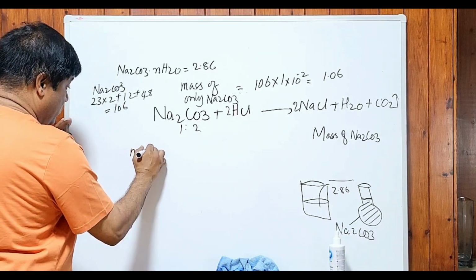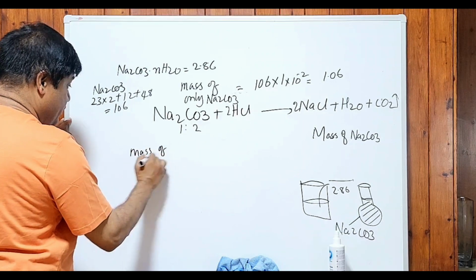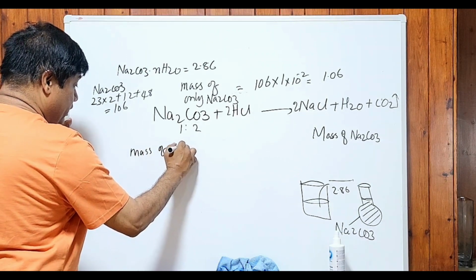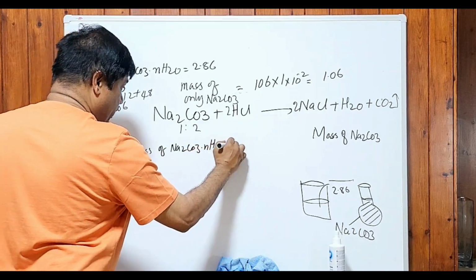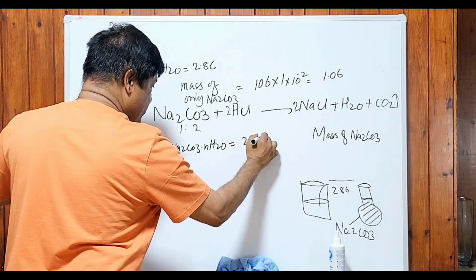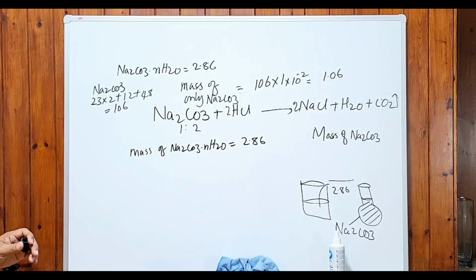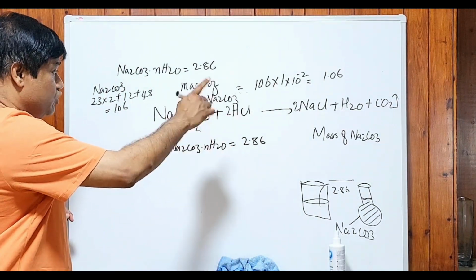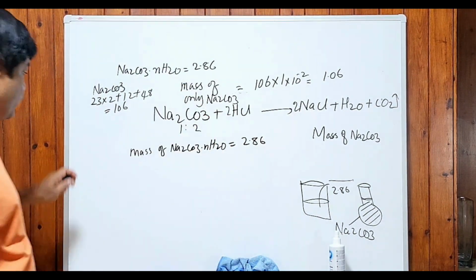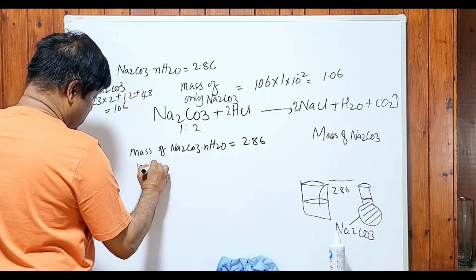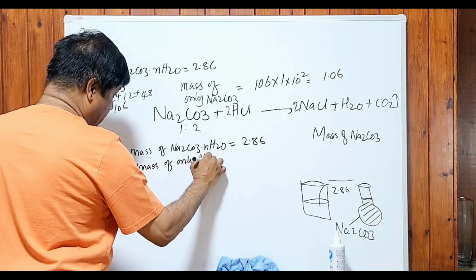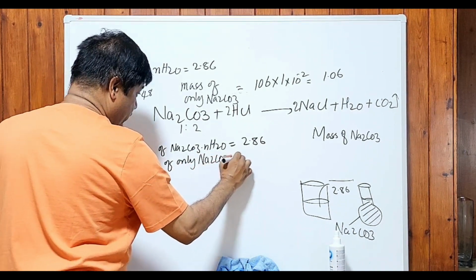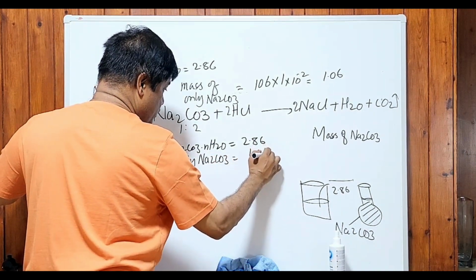Mass of hydrated Na2CO3.nH2O equals 2.86 gram, which is given in the question, and we just worked out the mass of the pure Na2CO3, 1.06.